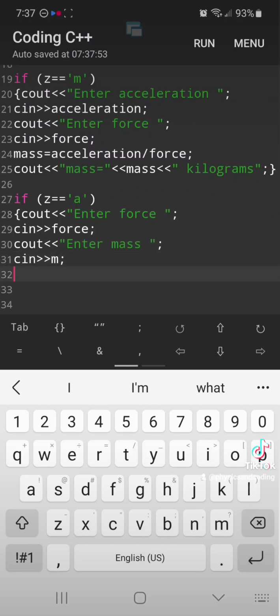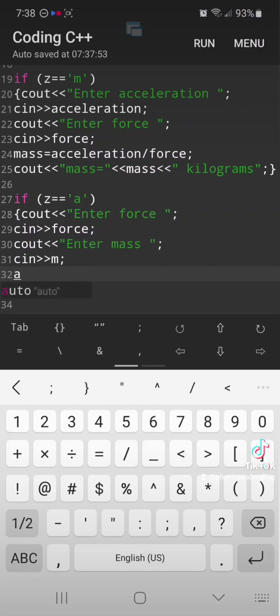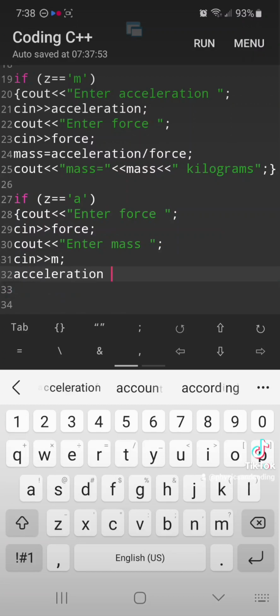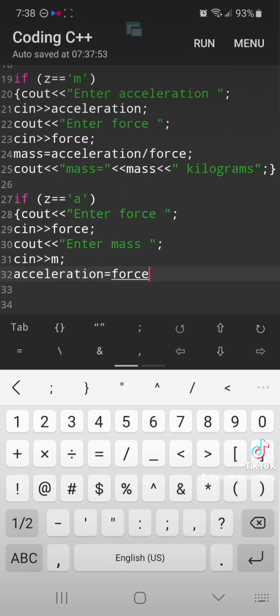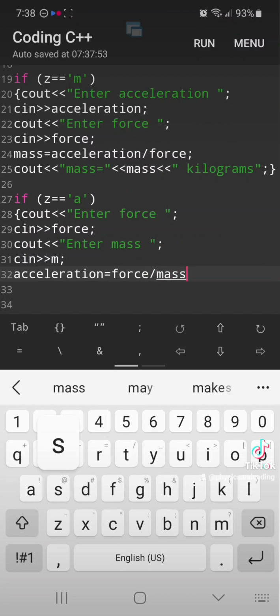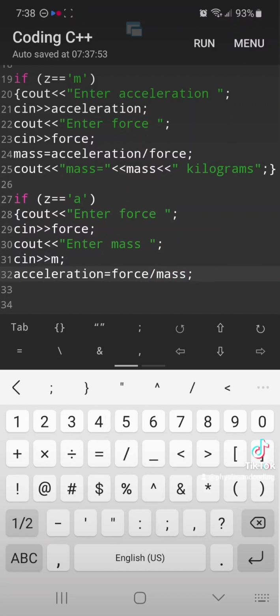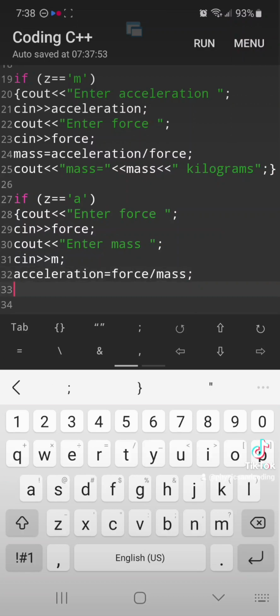And then now to solve for acceleration. So that means acceleration equals F divided by M. And then we have to print it out.